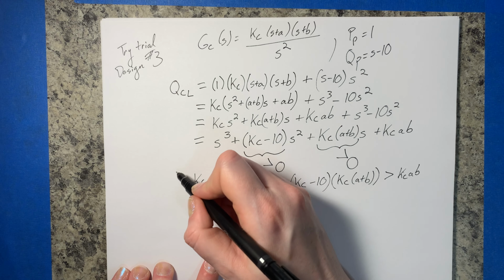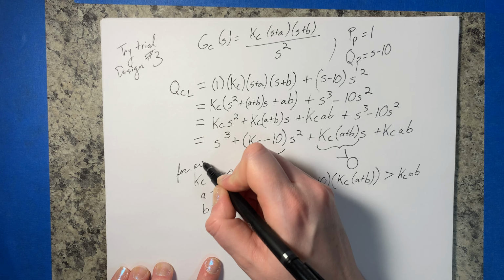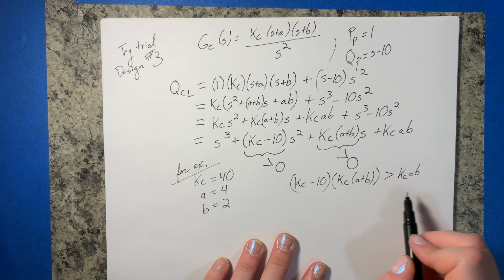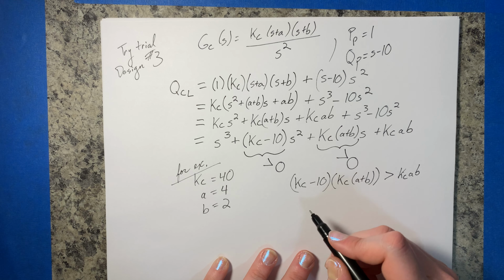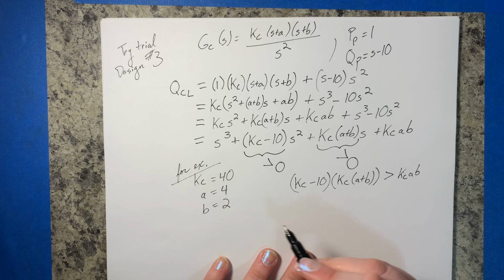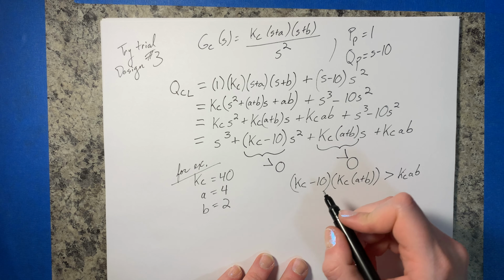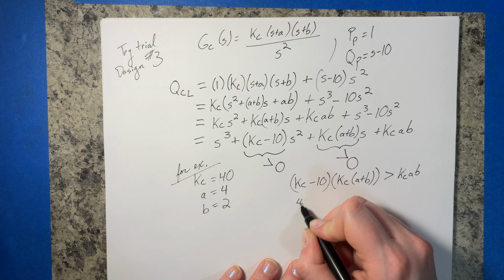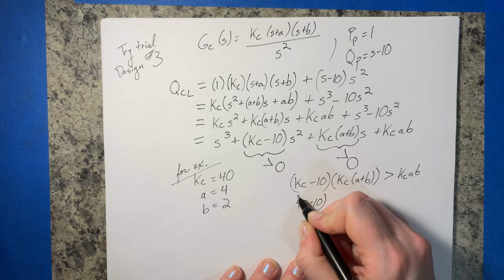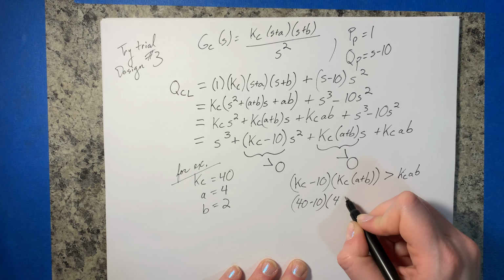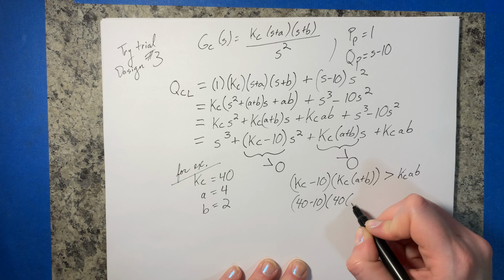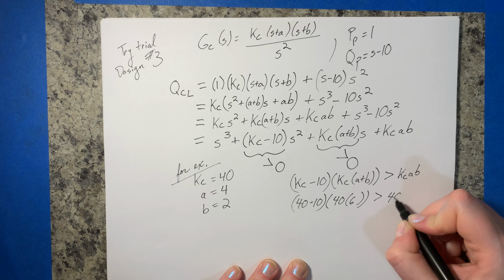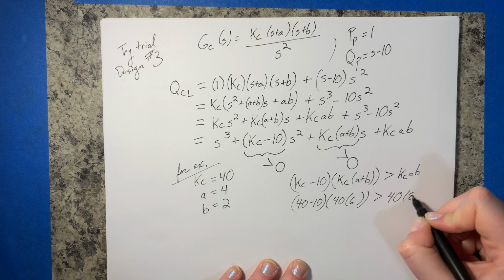Now let's test that. If we plug in 40 here, and 4 and 2, then what we would get is ultimately 40 minus 10, and then 40 times 6 greater than 40 times 8.